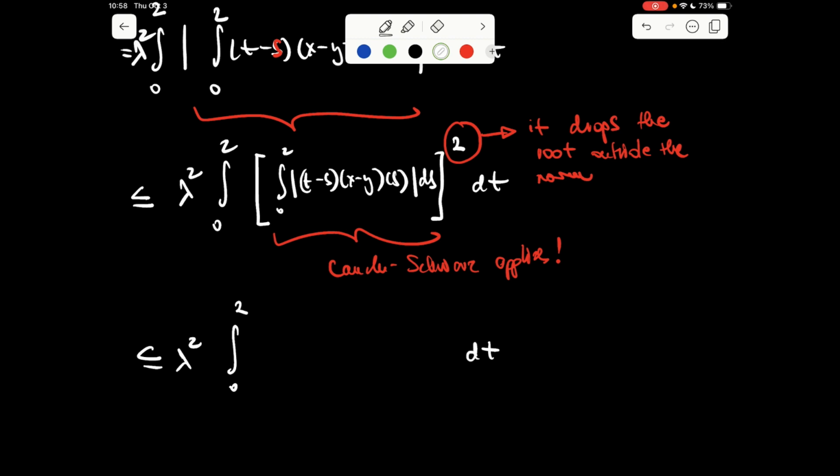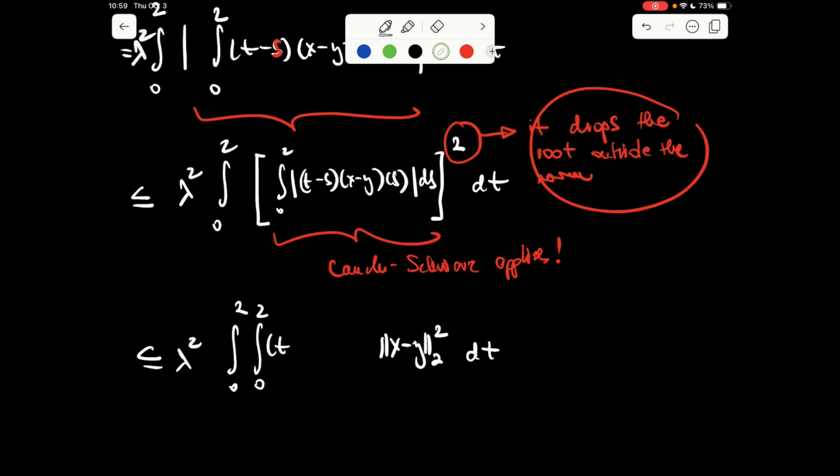The integrand is with respect to dt. This is the norm of x minus y. Actually, the square of the norm, because we eliminated the square root. And this is the norm of the other function.